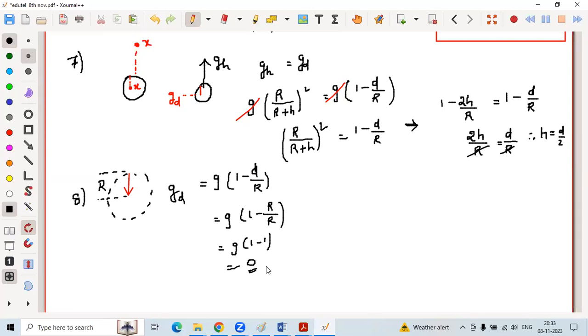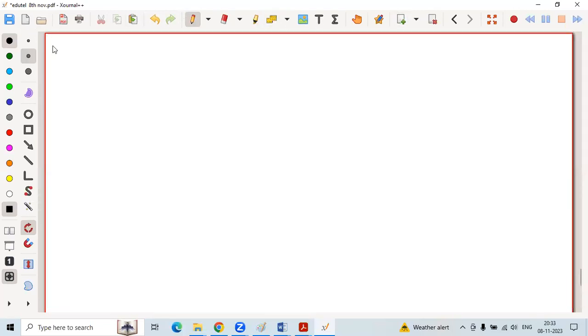Last question for this session. Then we will close the session. Okay. Ninth question. There is a circle. This is also a previous question.